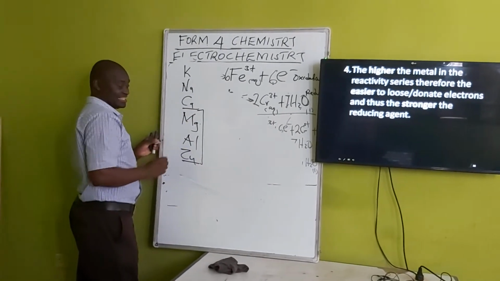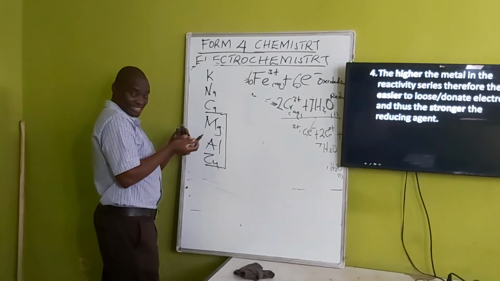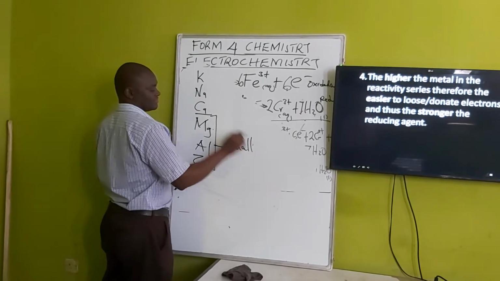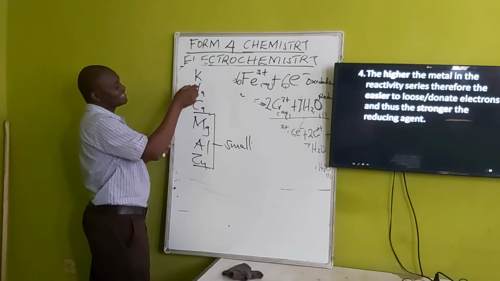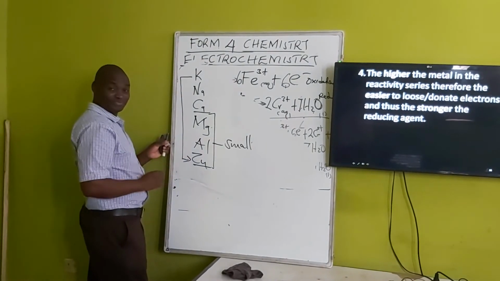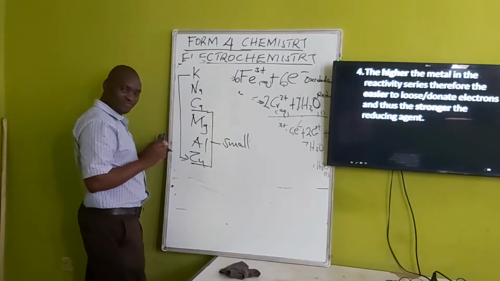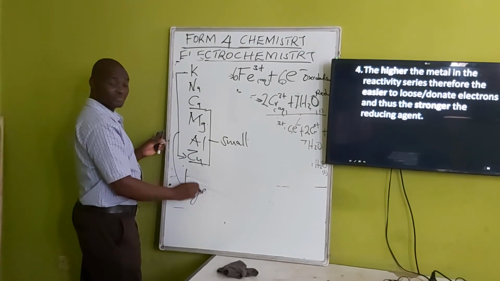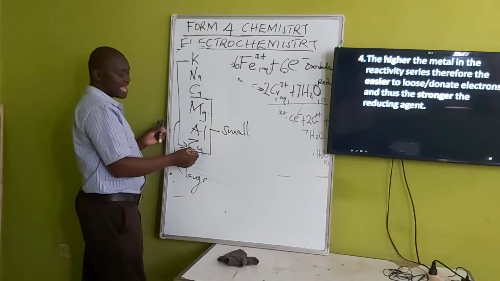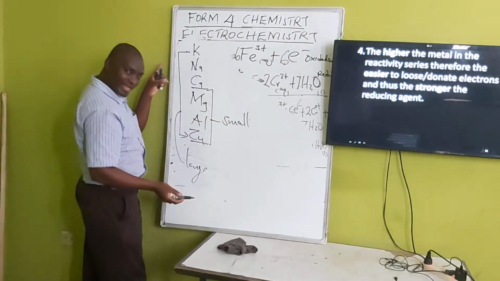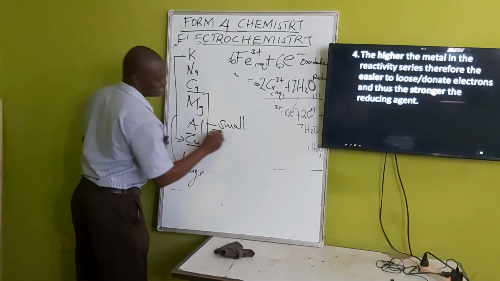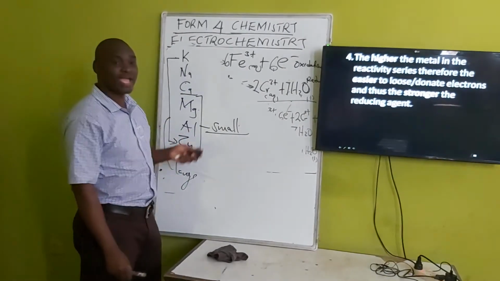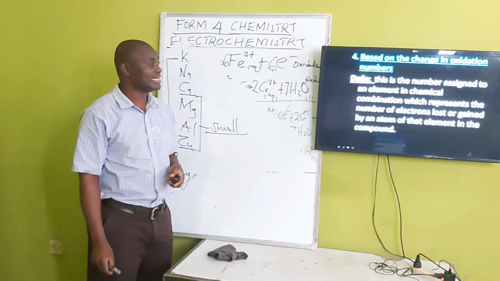Because the two metals are close in the reactivity series, the heat change will be small compared to when you react maybe potassium and zinc. So if the displacement reaction involves potassium and zinc, the heat change will be large. But where the two metals are close, the gap is not wide in the reactivity series, the heat change will be small, not as large as where the reactivities are quite different.